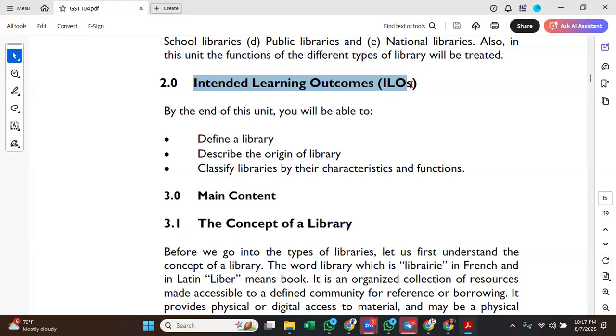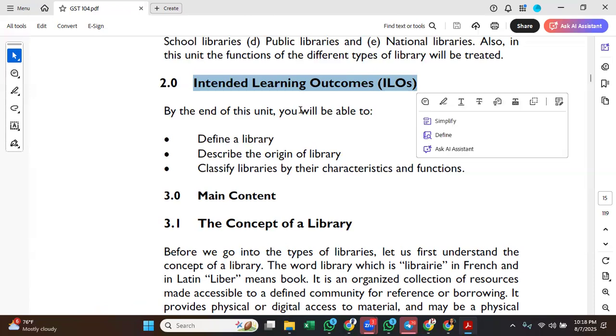But if they put S like this, then it will be outcomes. Please note it. You several times come across it in GST courses, but please know the full meaning: intended learning outcomes. That means what you are expected to know by the time you are through with this unit.